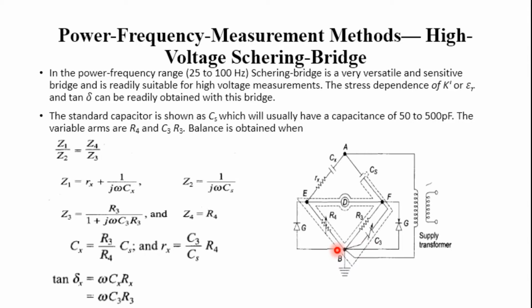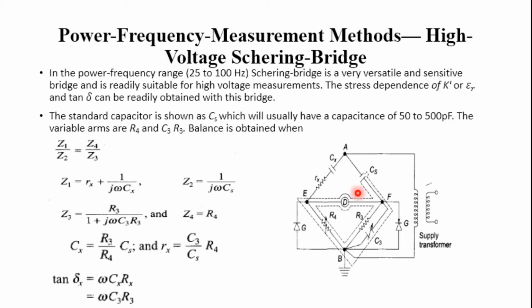The arms are usually rated for a maximum instantaneous value of around 100 volts, not more than that. For very accurate measurement of the dissipation factor at power frequency, the stray and ground capacitance should be eliminated, and the indirect capacitive and inductive couplings of the arms minimized to a level lower than the accuracy of the bridge arm.